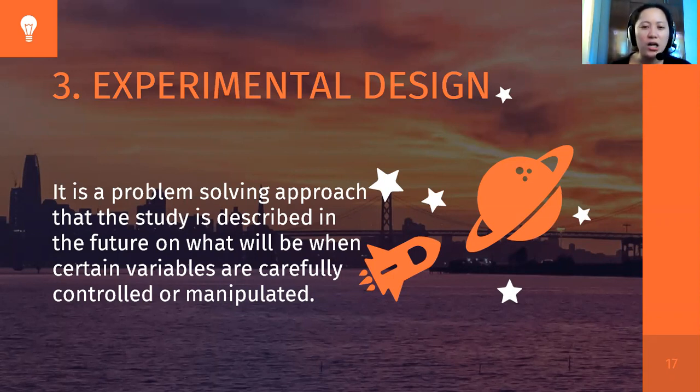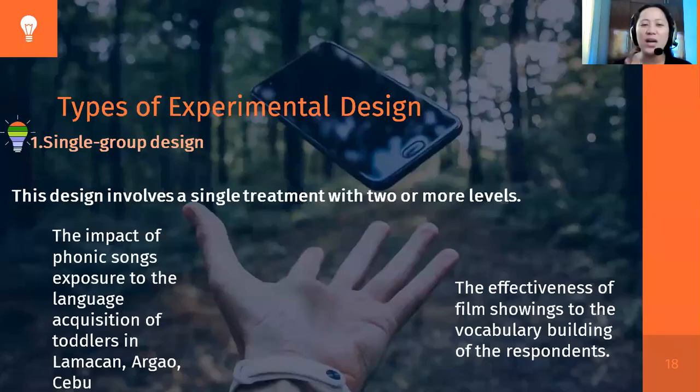So there are a lot of types of experimental design. Let's try to explore. Number one, focus on this because I myself really love to know about the different types of experimental design. This design involves a single treatment with two or more levels.